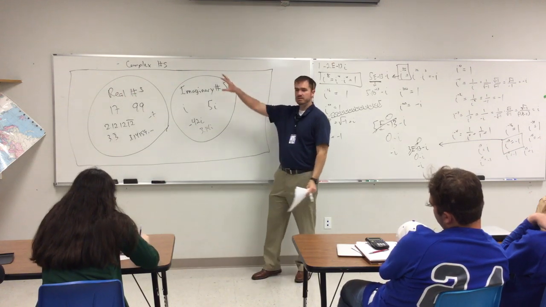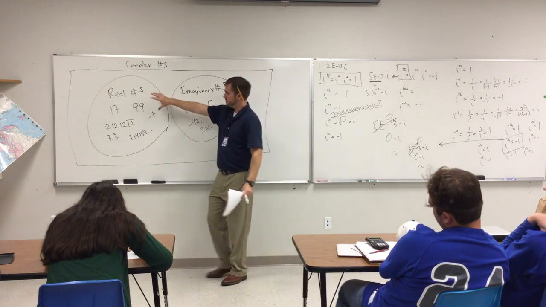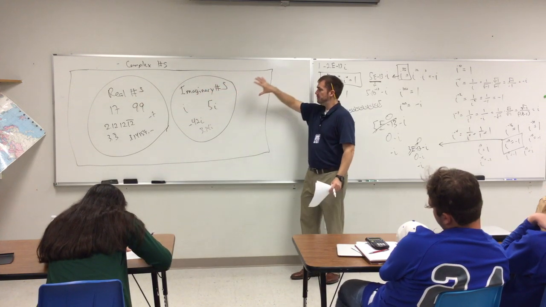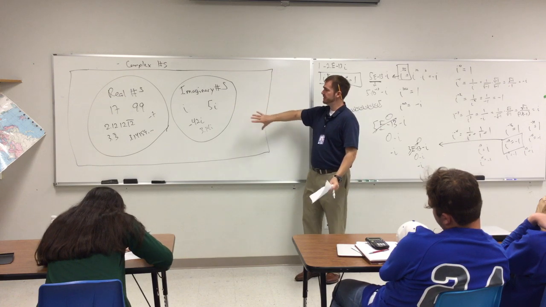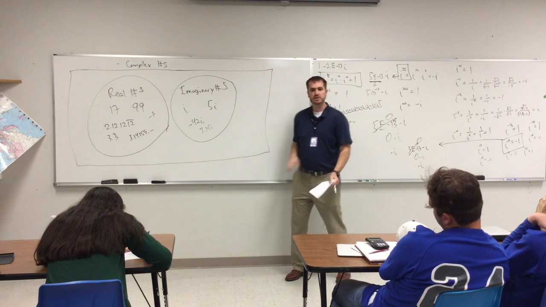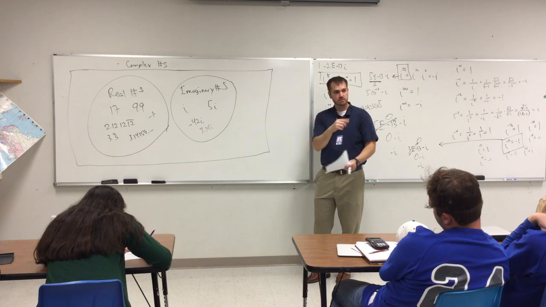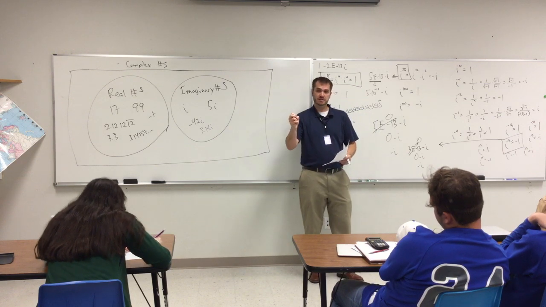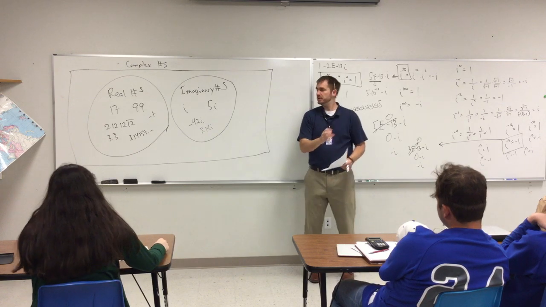Technically this would just be the pure real numbers. These would be pure imaginary numbers. But like any Venn diagram, you have some stuff that's in the box that's not inside the circles. And those are what we call complex numbers: numbers that have both a real part and an imaginary part.